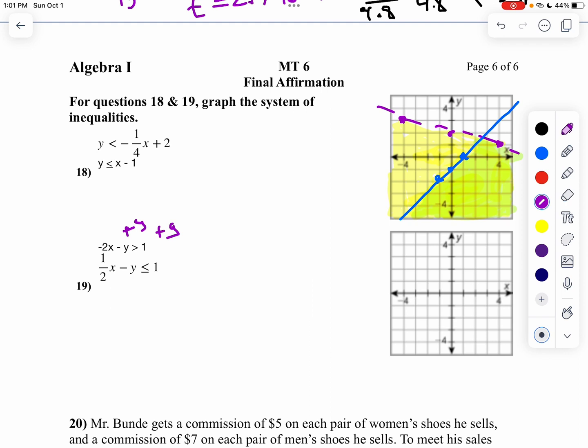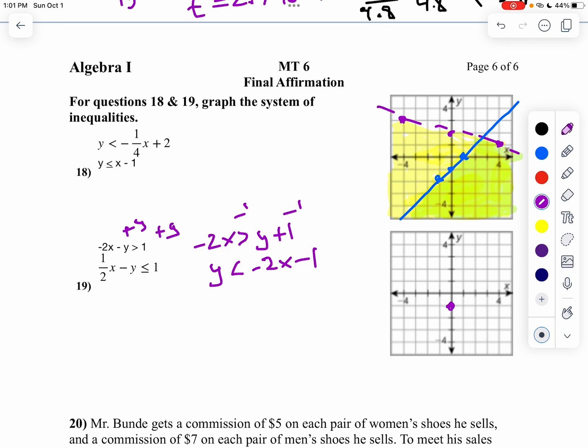So I'll get negative 2x is greater than y plus 1. Minus 1 from both sides. So y is less than, notice I flipped the sides because I want to have y on the left side, negative 2x minus 1.